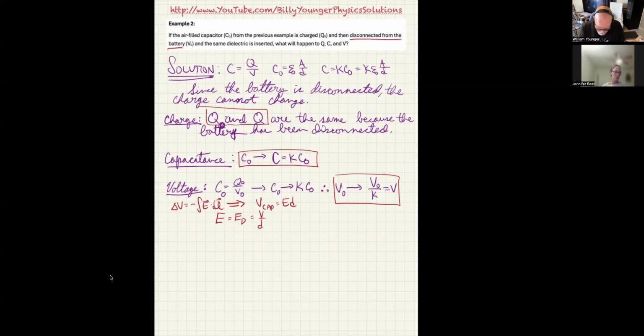So if you solve for E, you'd see that E is always the voltage divided by the distance in a capacitor. So what we're claiming now is in a capacitor, when you have a dielectric, you still have the electric field being V over d, but now V happens to be the V that we just found, which is V0 over K, times d.